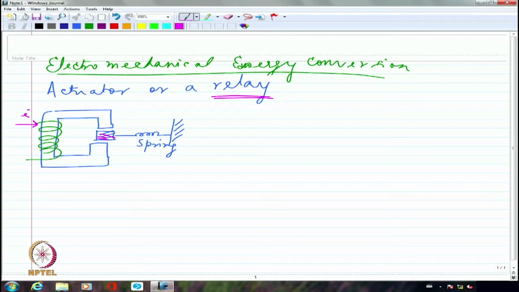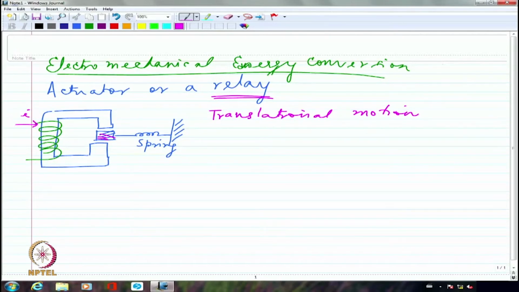The moment the current goes beyond a particular value, immediately the magnetic pull becomes quite a lot, because of which some switch is opened or some switch is closed. That is what happens. So these are typical examples of translational motion or linear motion using an electromagnet. But what we are going to concentrate mainly on is the rotational mechanism. And you should also realize that this kind of actuator or relay is a one-time process.